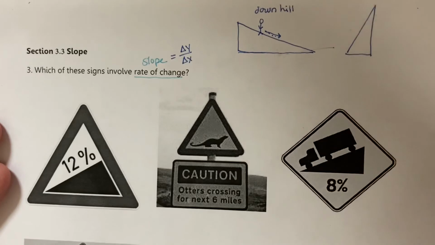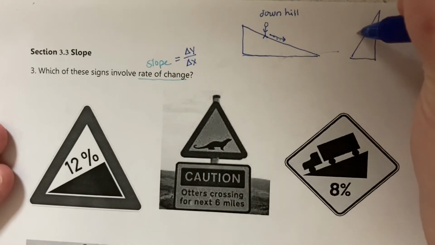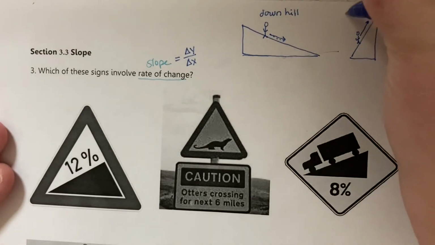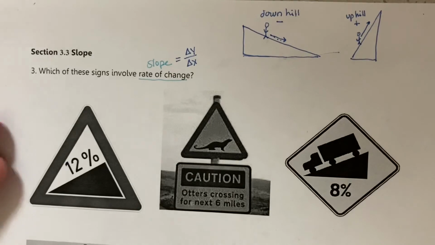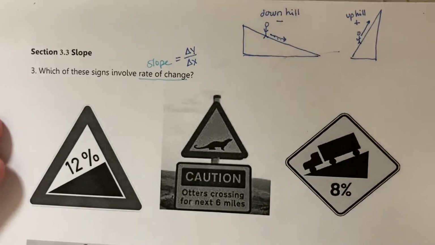And I always walk left to right. That's how we read graphs in math. And if I'm trying to walk up, that's full-on mountain climbing at that point. That's really steep. So it's uphill, which means it's going to be a positive slope versus a negative slope. So we can talk about how steep it is, but also whether it's positive or negative.